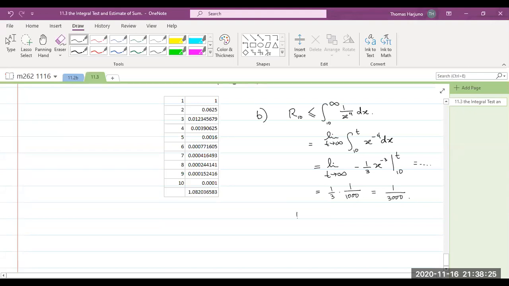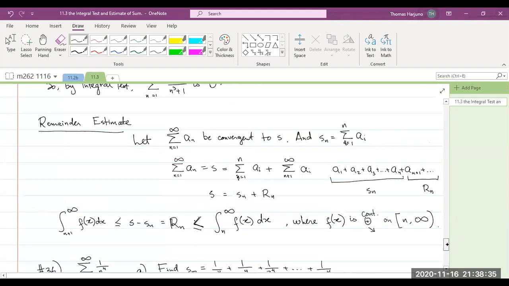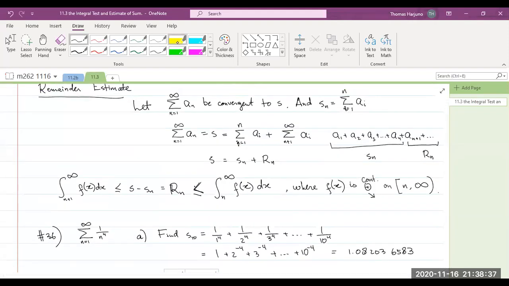But at the same time, this R10 will be greater than or equal to the integral from 11 to infinity. You see? When you add the first 10 terms, the error will be less than that, but more than this.